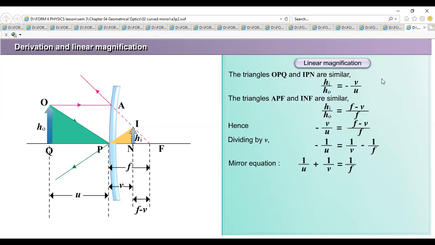So at the end, after we derive all the formula, we still find that 1 over u plus 1 over v is equal to 1 over f. As a conclusion, the formula used for the convex mirror or concave mirror are the same. That will be 1 over u plus 1 over v equal to 1 over f.